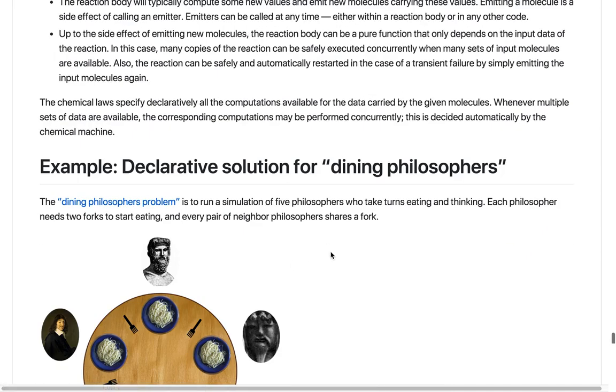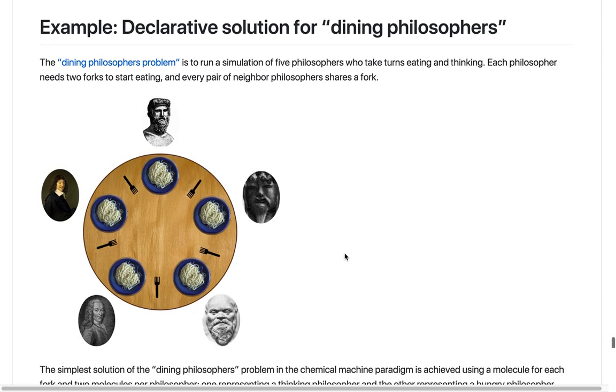And here is an interesting example of a so-called dining philosophers problem, which is solved very elegantly by the chemical machine method. The problem is that there are 5 philosophers. They're sitting at a table, and there's a fork between each of 2 philosophers that are next to each other. And they do the following. Each of them, at random times, becomes hungry and wants to eat. And to eat, the philosopher needs 2 forks.